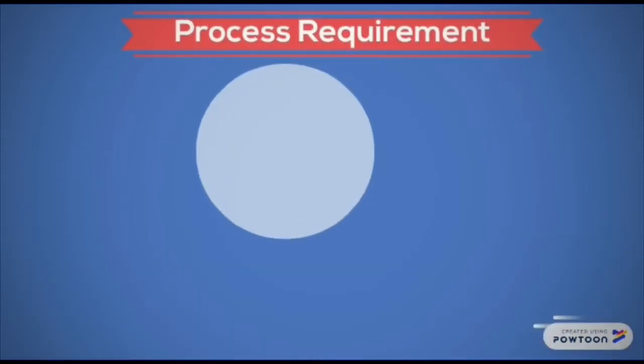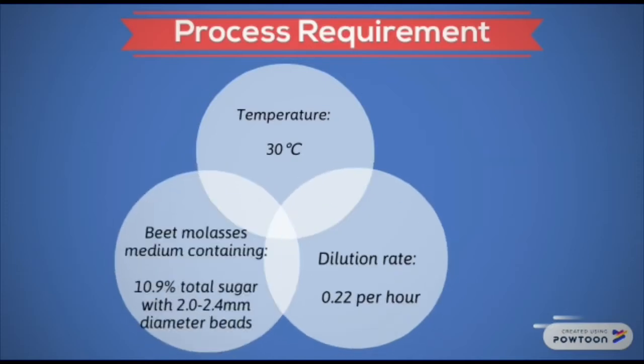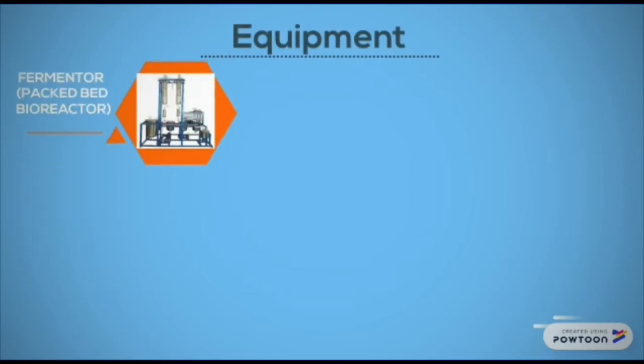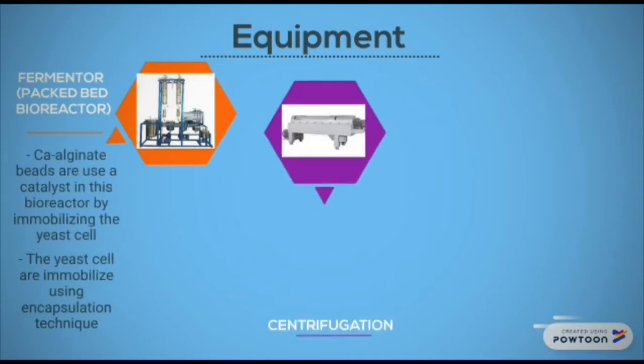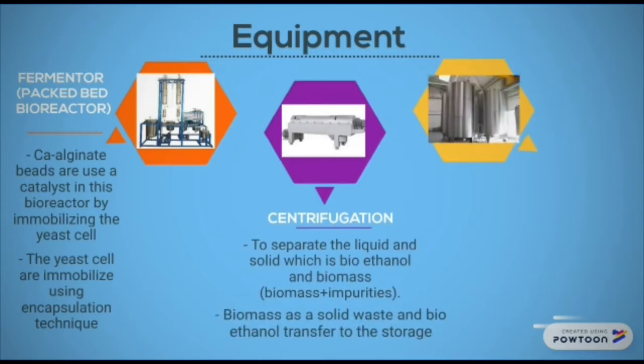In production of ethanol, there are 3 process requirements, which are temperature, dilution rate, and medium. Fermenter, centrifugation, and storage are the first 3 equipments used.